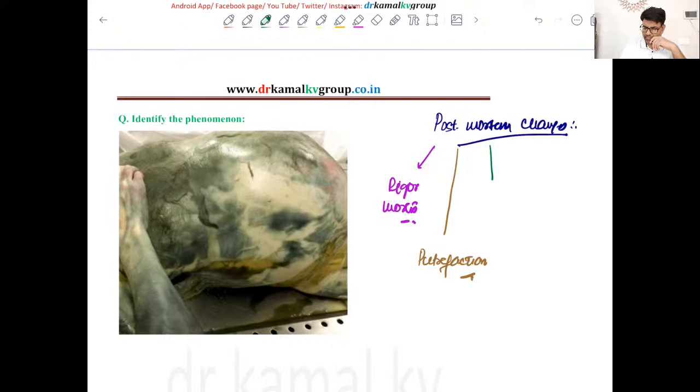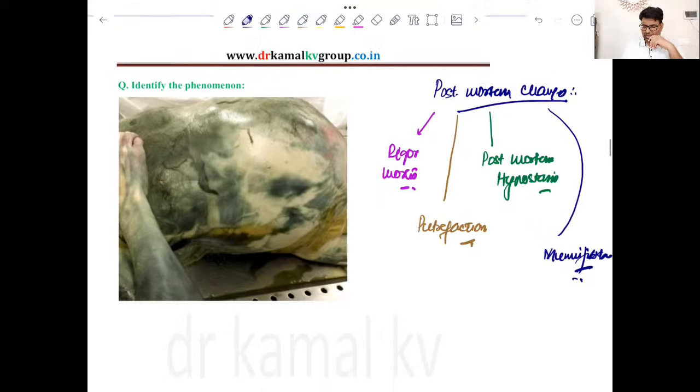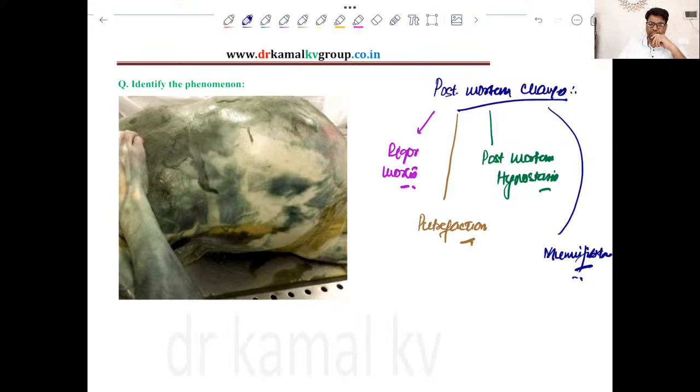Or it can be post-mortem hypostasis, which is known as post-mortem lividity, or it can be mummification. Clear? I haven't seen any question about saponification in the image-based format so far, so I am skipping that, right? So there are these four conditions which everyone has to study properly, and most of the time, in one way or another, you will have a question from this area. It has been observed since long, right?